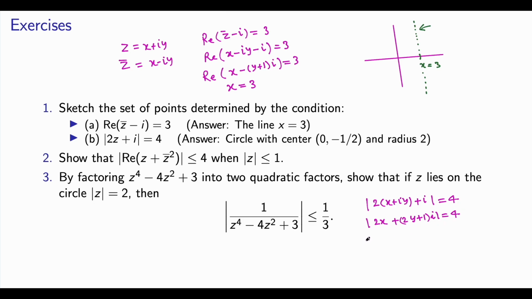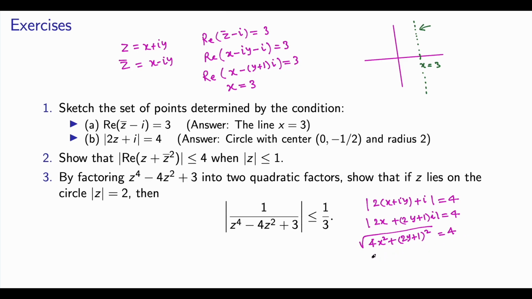And you know the modulus property, square root of 4x square plus 2y plus 1 whole square is equal to 4.